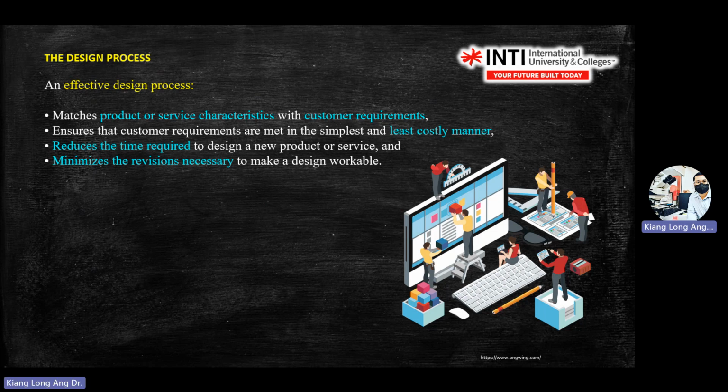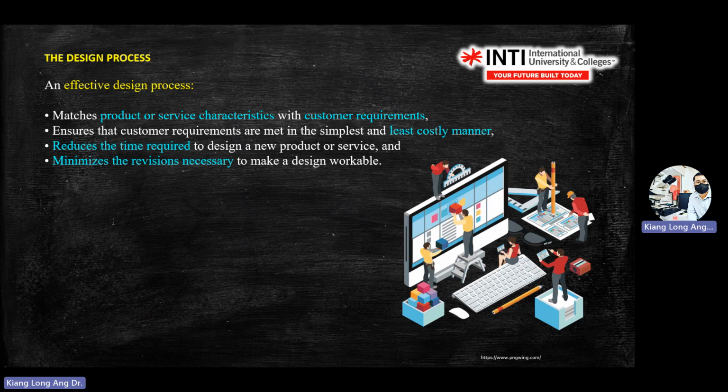For chapter 7, chapter 8, we always link back to what the customer wants. So you link your product or services to customer requirement. Then you look at the cost, because project success is also linked with time and cost. So you link the customer requirement with the least cost manner, meaning minimum cost, and then time required.